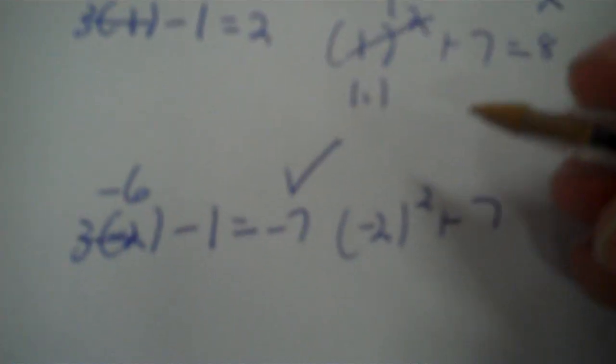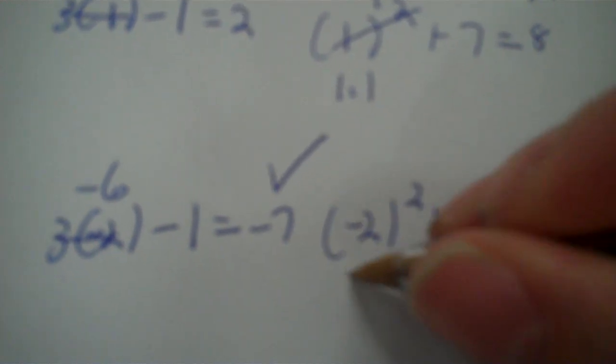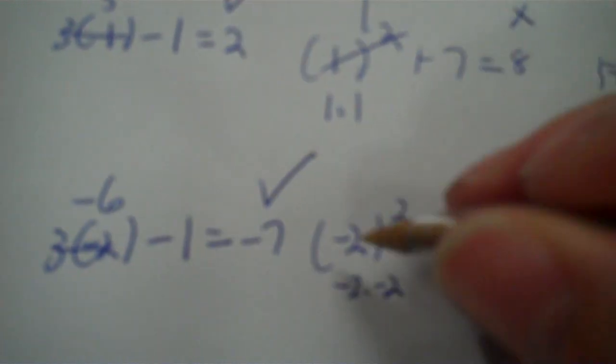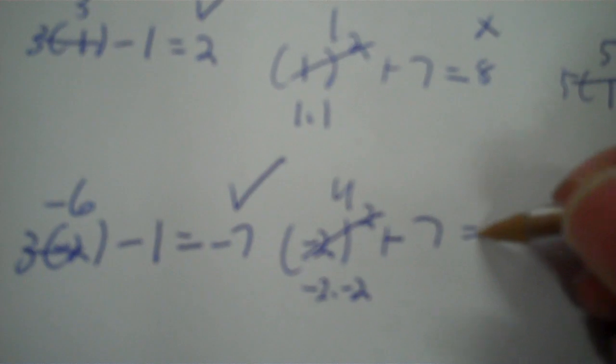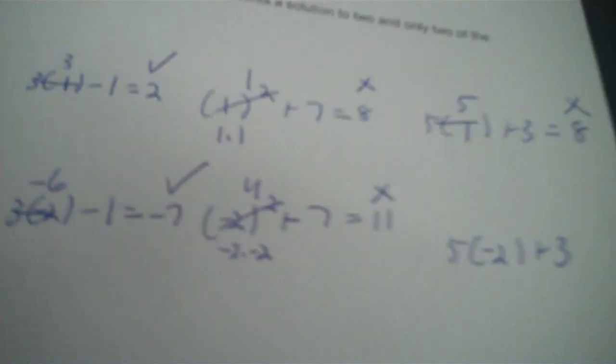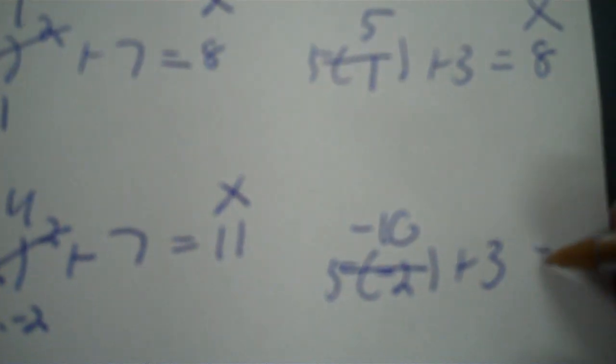Remember, I want negative 7. Now, negative 2 to the second, that means negative 2 times negative 2, that is 4. 4 plus 7 is 11, so x that. Remember, we want the output of negative 7. 5 times negative 2 is negative 10, plus 3 is negative 7. Check it. So I think we have a check with two of them, which is what you want, two and only two, so B would be the answer.